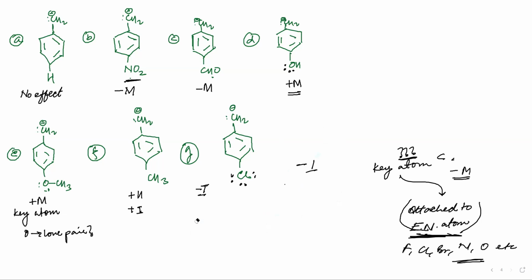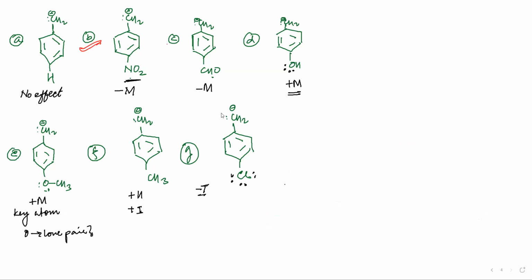Now the next thing that we have to do, let me erase the extra parts here. We have to look at them first and decide who wins the battle. So I can see some minus M in the B structure and C structure. Okay, between B and C only. So you tell me, by looking at the order of minus M groups, which one has more electron withdrawing capacity?